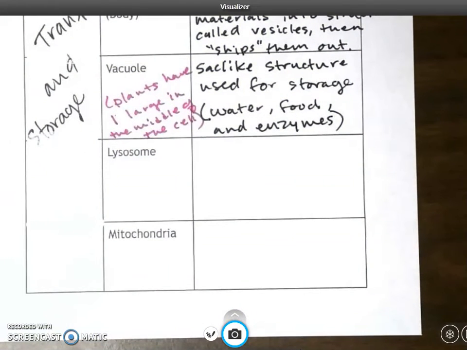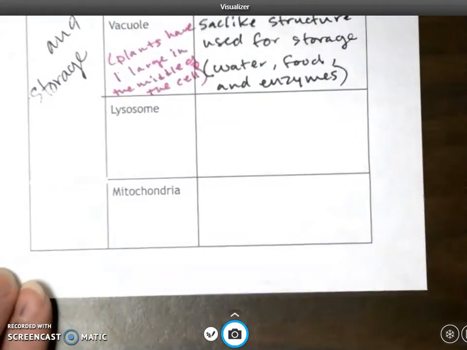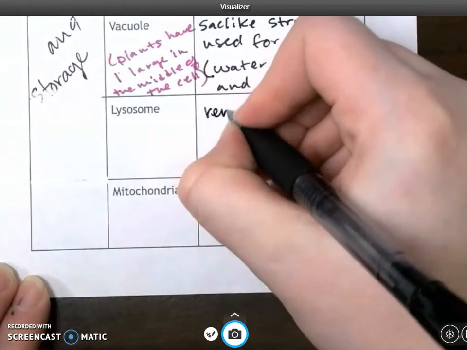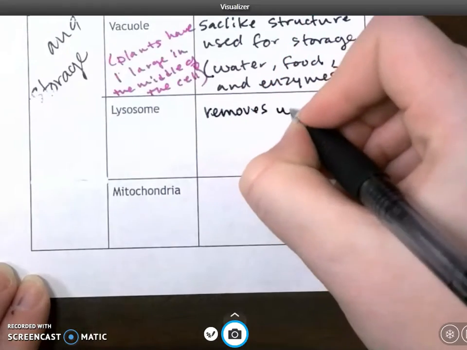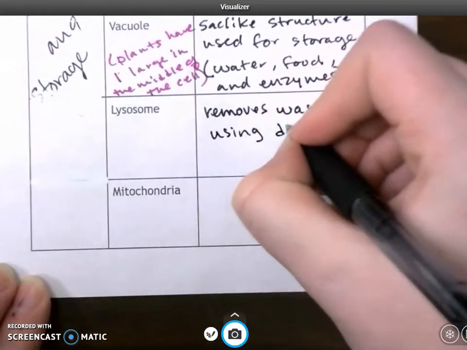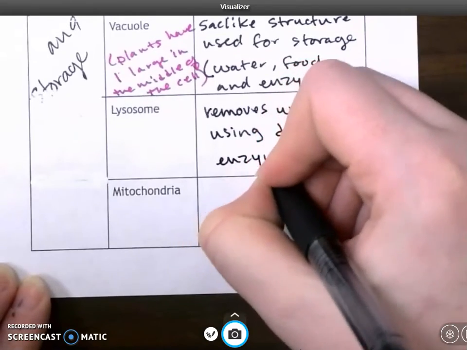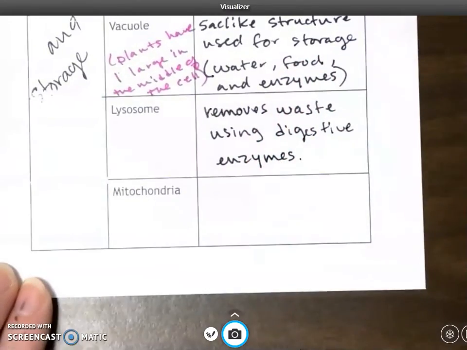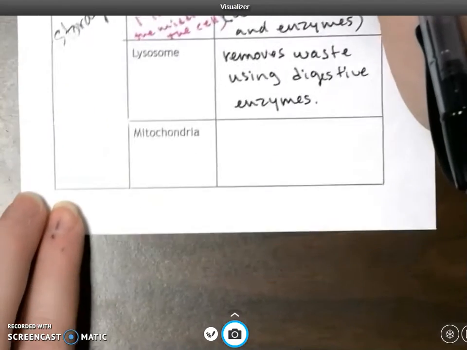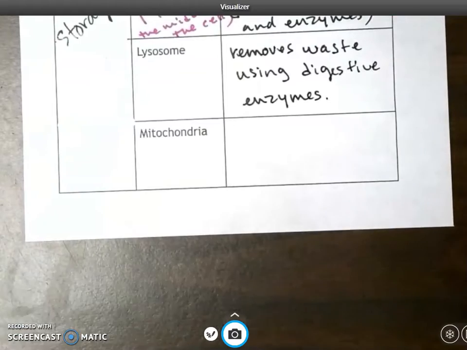Our next organelle is the lysosome. It removes waste using digestive enzymes. Okay, our next one, the mitochondria. Mitochondria, you may have heard it called the powerhouse of the cell.